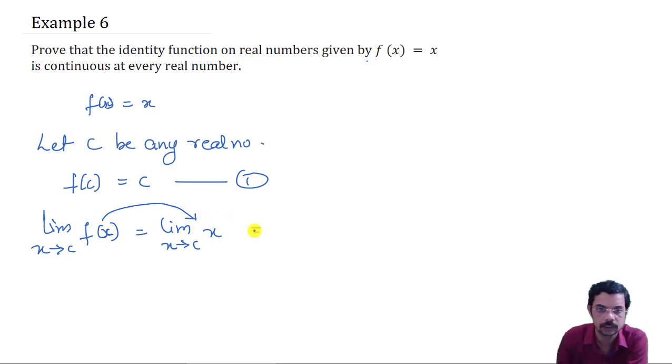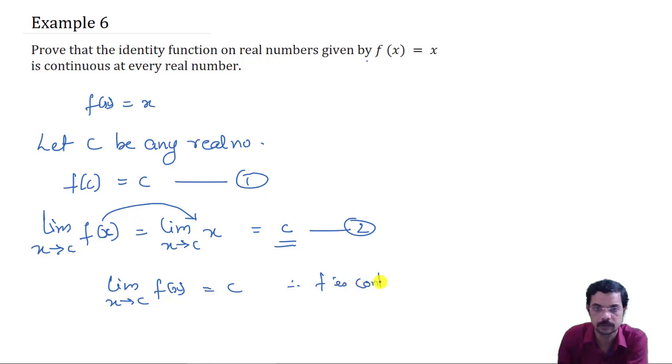So instead of x we put the value c, and we get c. This is 2. So from 1 and 2, limit x tends to c f of x is equal to c. Therefore f is continuous for all real numbers.